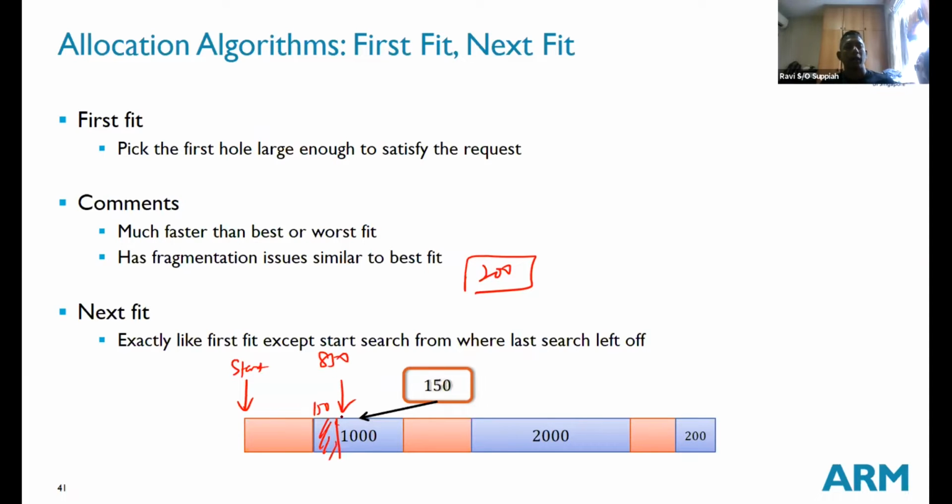Of course, when I say 150, you have to factor in the 150, I will still have some additional bytes for the pointers to be allocated. That means I may use a bit more than 150, correct? So I will not have exactly 850 left. So when I want 850, when I come here, this does not fit in. So I will go over to here and then use it.